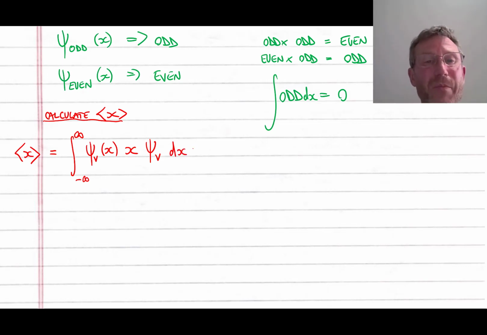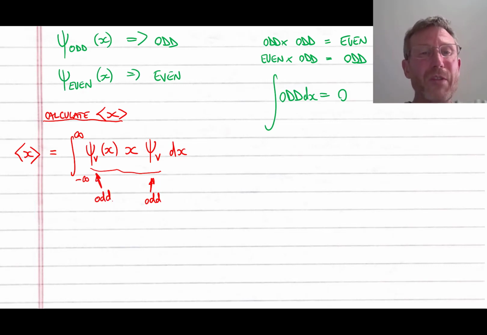But we've just been talking about odd and even functions, and so we know that, for example, if the v is the same in this particular integral, even if it was odd, we've got an odd function and another odd function in here. So odd multiplied by odd would give us an even function. And then, of course, we know that our x in here is already an odd function.